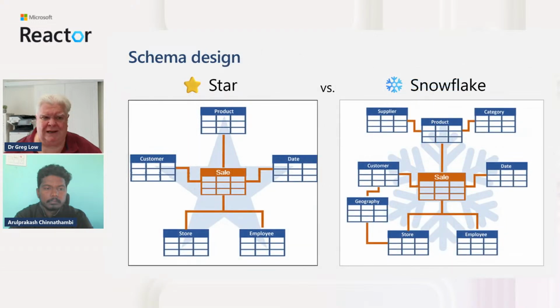Now, as well as a star design, you can have what's called a snowflake design. The most common scenario for this is that you have a fact table, and then that points out at a dimension, but then the dimension points to further dimensions. In this example, notice that the sale table is pointing at the product.